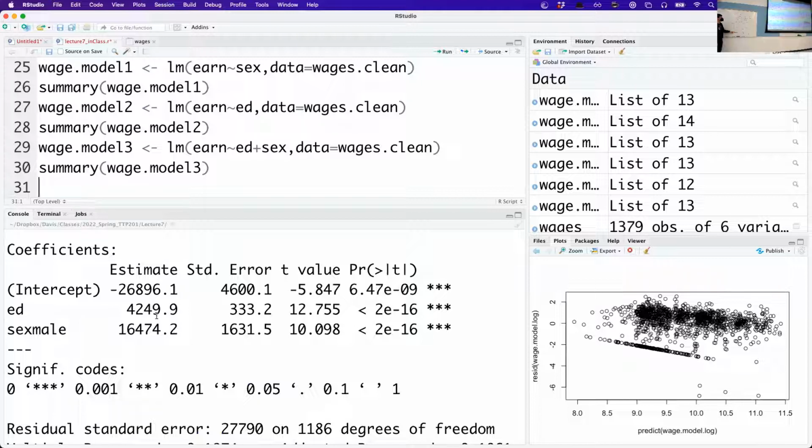This is at negative 29,000, and this would be negative 27,000 plus 16,000. So this would be something like negative 10-ish thousand here. Okay. And let's look at the last one.